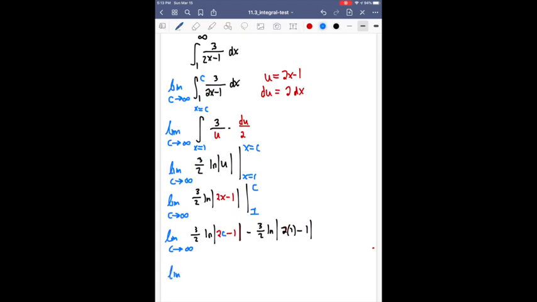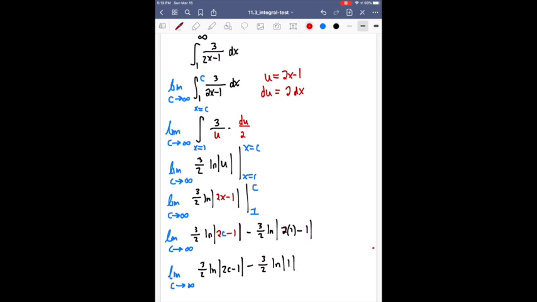So let's just do a little bit of arithmetic. This is still the limit as c goes to infinity of 3 halves of ln of 2c minus 1, minus 3 halves times the ln of 1.